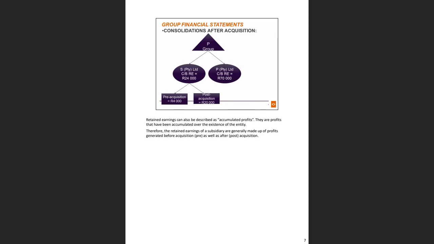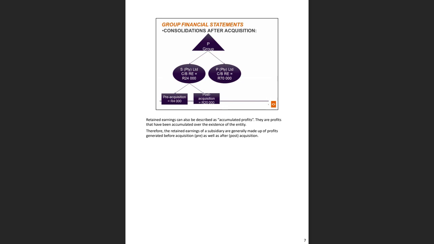So essentially that pre-acquisition profit of 4,000 Rand will form part of your pro forma journal entries and will be eliminated on acquisition. And then that 20,000 Rand will need to be further analyzed into that portion that was earned in the current year and that portion that was earned from acquisition date to the beginning of the current year.